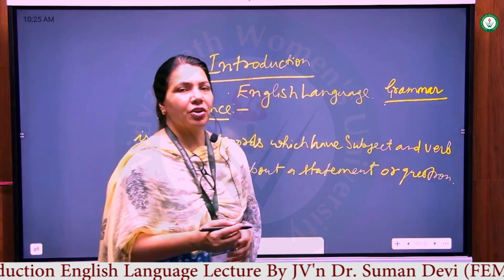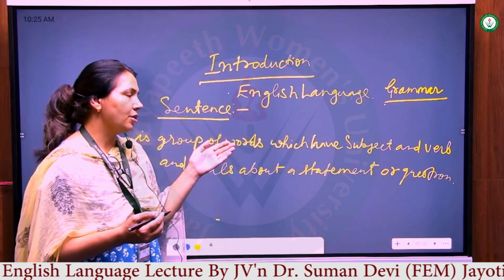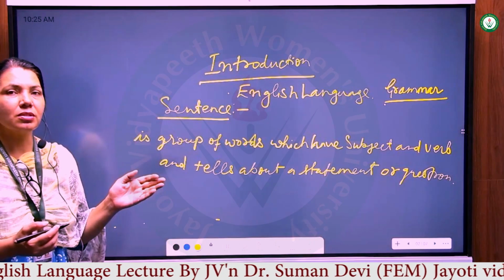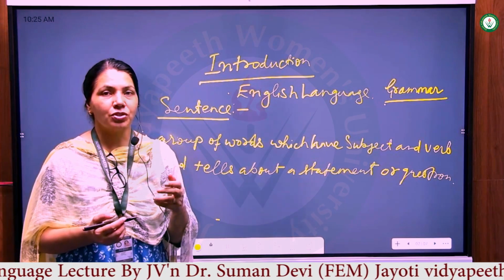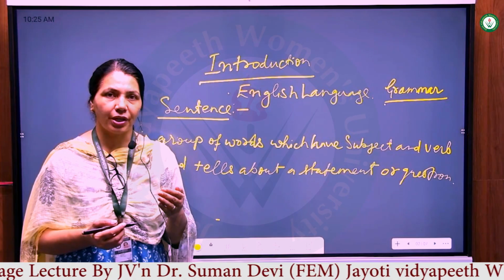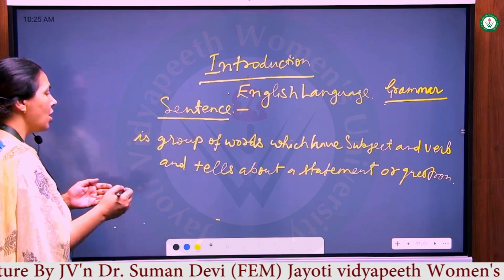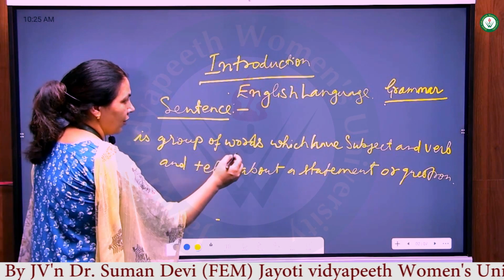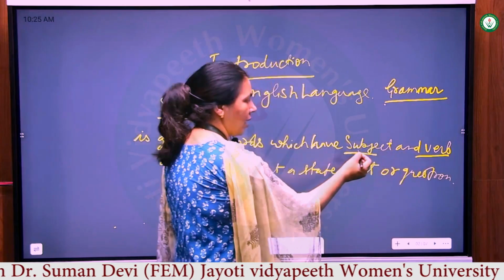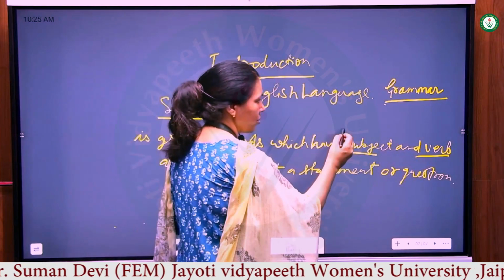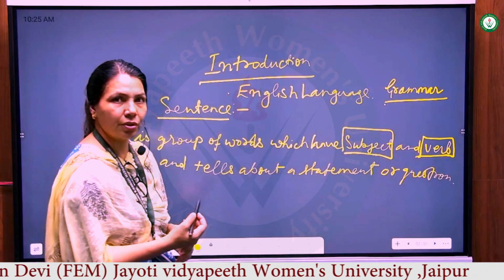So when we are starting with grammar, the first point which you look for is the sentence. A sentence is a group of words arranged together. Arranged together means it should have one subject and it should have a verb also. If you have both these parts, subject and verb, then it makes a sentence, right?